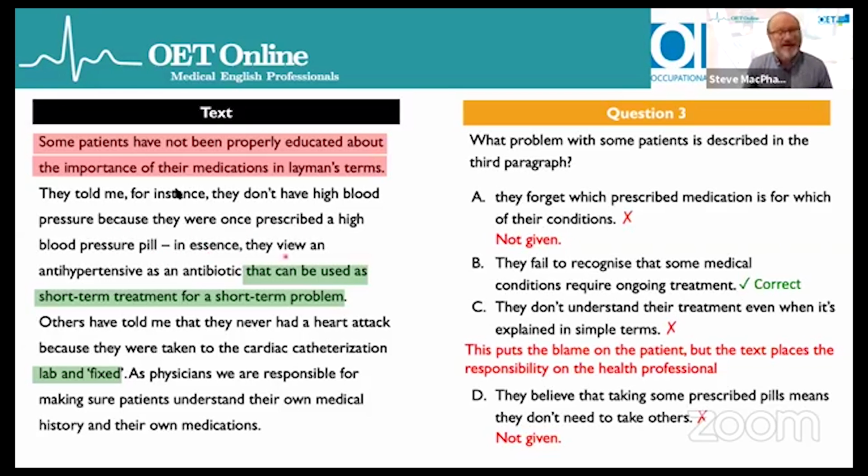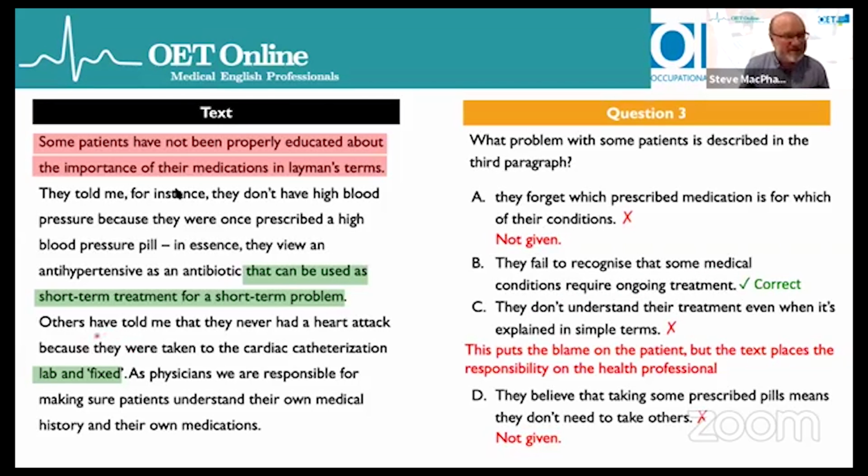In essence, they view an antihypertensive as an antibiotic that can be used as short-term treatment for a long-term problem. Now, as health professionals, you know that's not true. If it's high blood pressure or hypertension, it's going to be ongoing. So that relates to B. They haven't recognized that some medical conditions require ongoing treatment.